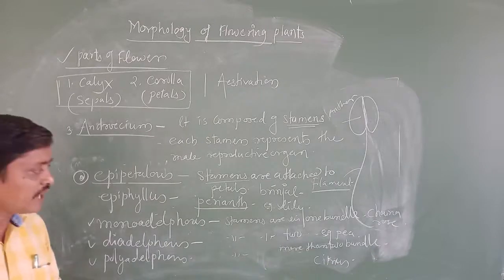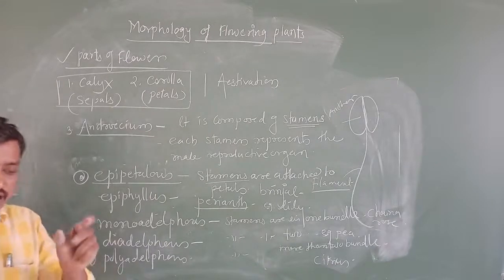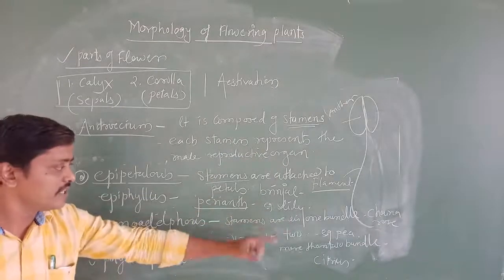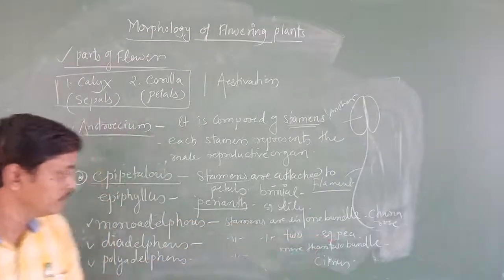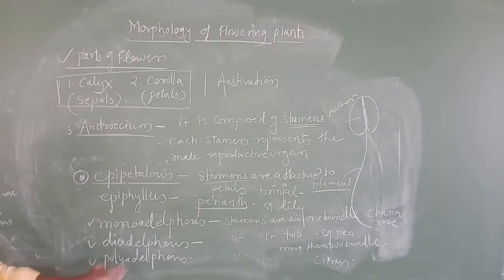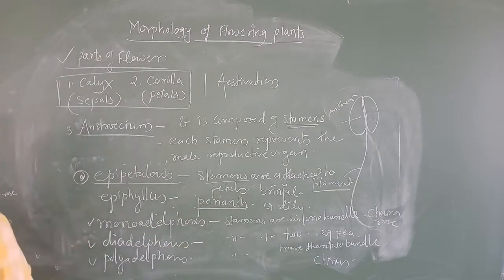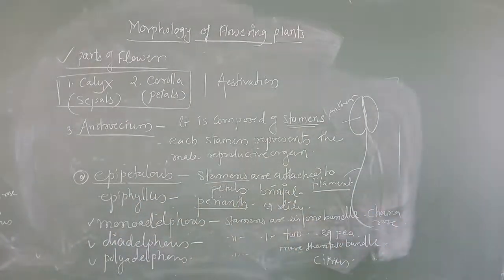If the stamens are united in two bundles, one bundle and another bundle, we call it diadelphous. Example is pea plant. Next one is polyadelphous: more than two bundles of stamens found in a flower. Example is citrus.